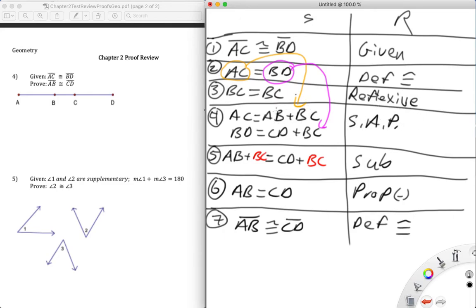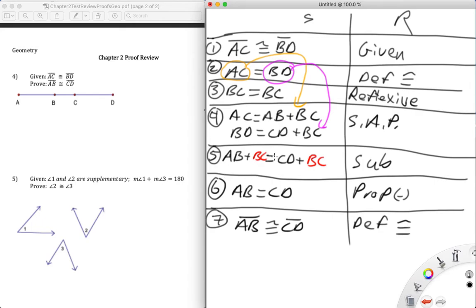It says that the two smaller segments add together to form the two bigger segments. And from line 2, since AC is equal to BD, I can say that AB plus BC on the left hand side is equal to CD plus BC on the right hand side because of substitution property.